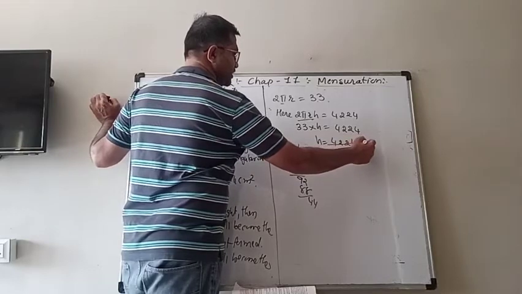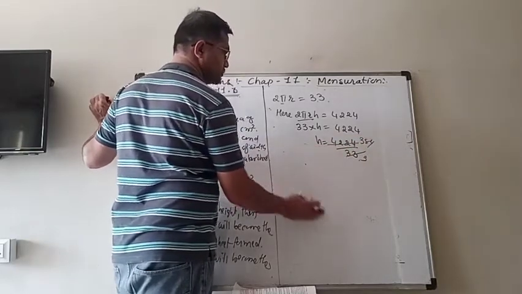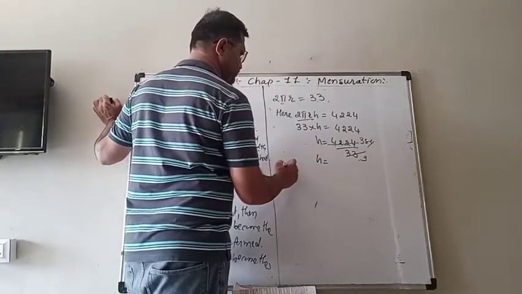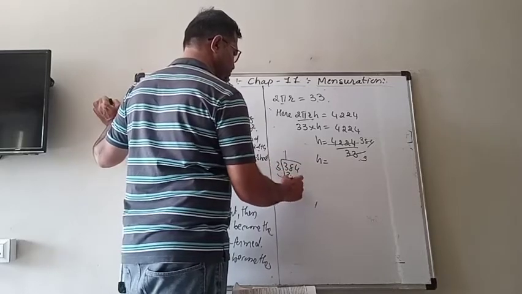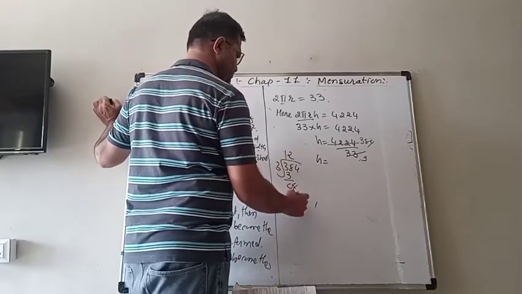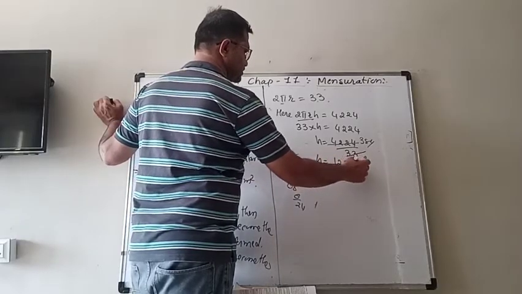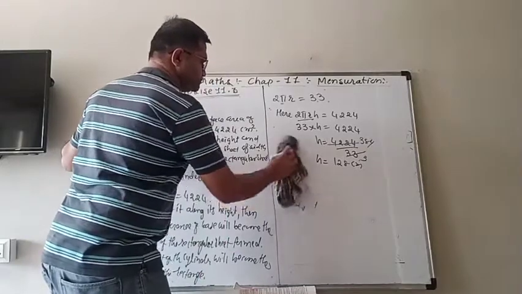So 384. So the h is equal to, now 384 divided by 3. 3 1s are 3, 3 2s are 6, 3 8s are 24, so 128 centimeter.